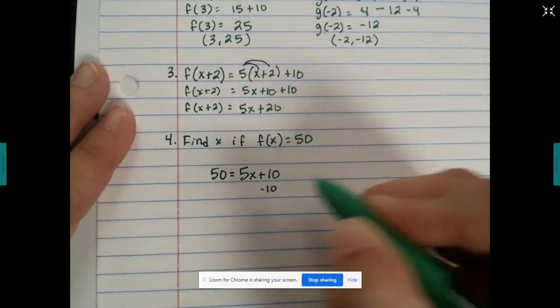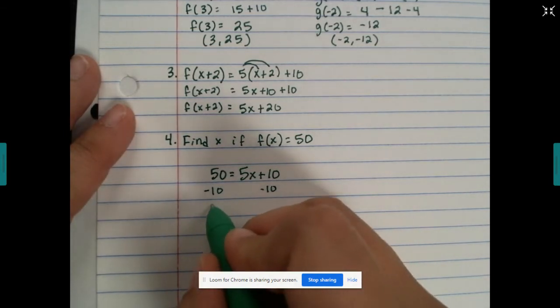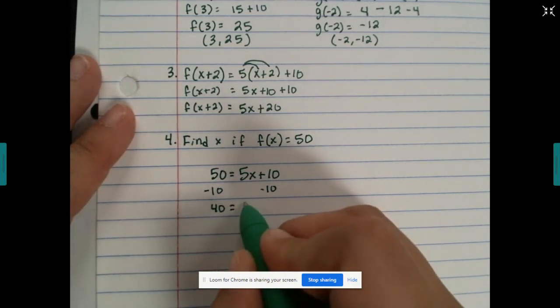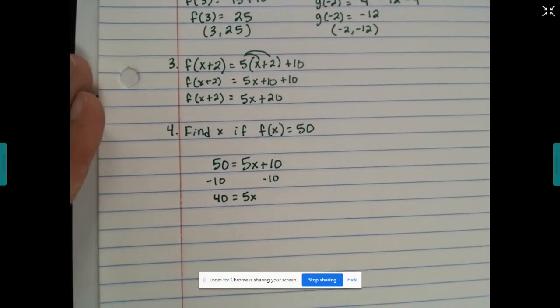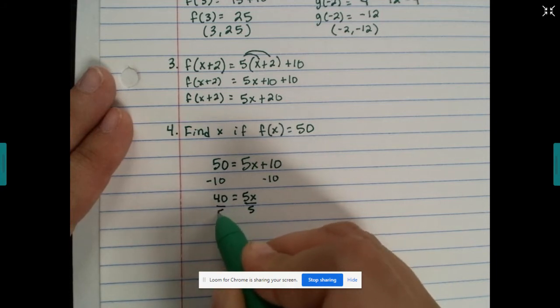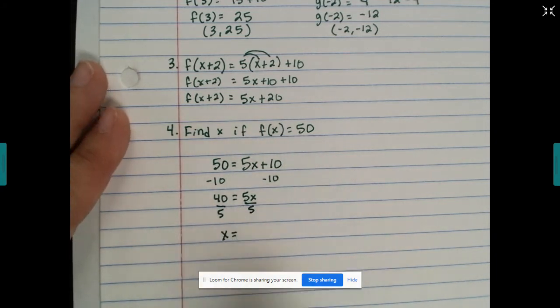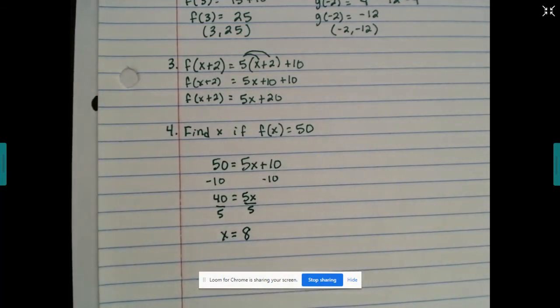Good. So first we subtract our 10. That'll give us 40 equals 5x. And then divide both sides by 5. And we get 8. And again, you can always type this stuff in Desmos if you're unsure.